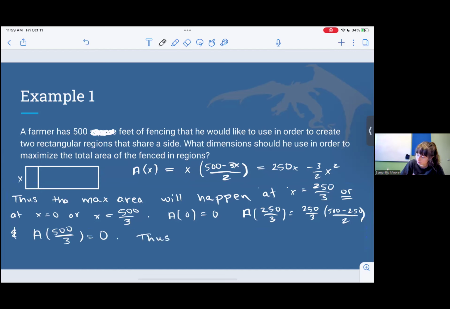So thus, because those were our 3 options for the maximizing area, we just choose the biggest number that we got from plugging in all those options. So the maximal area is going to be this 250 over 3 times 500 minus 250 over 2. That's going to be the maximum area that we can find.